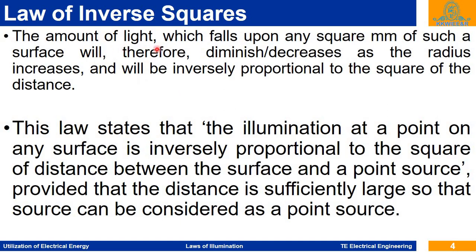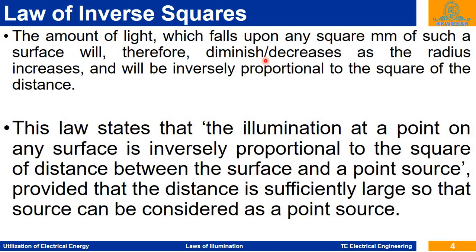So the amount of light which falls upon any square millimeter of such a surface will diminish or decrease as the radius increases, and it will be inversely proportional to the square of the distance. This means for r1 there is a certain illumination, and as we increase the radius of the sphere, the light received decreases. Again, further we increase the radius to r3.